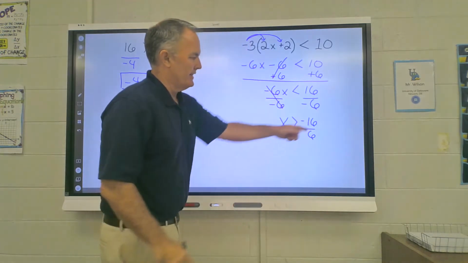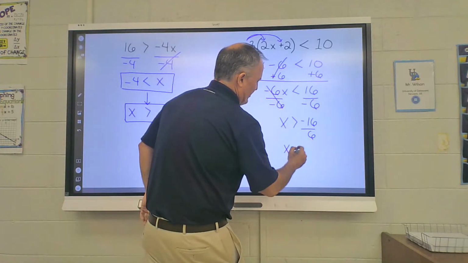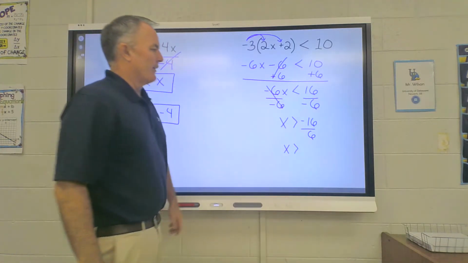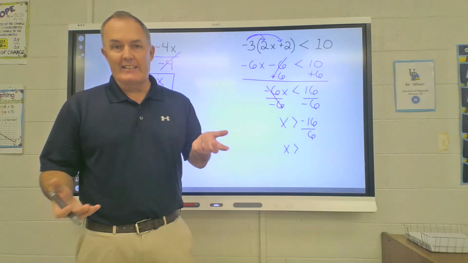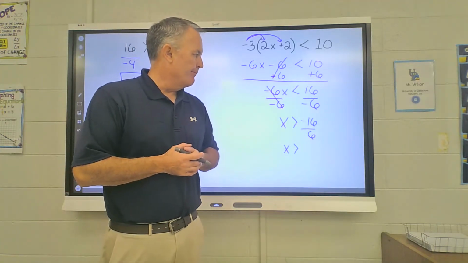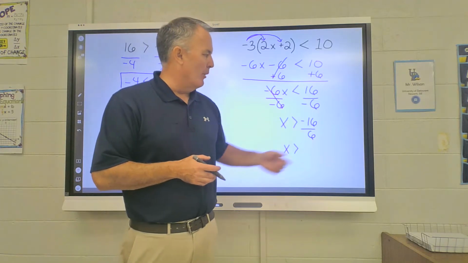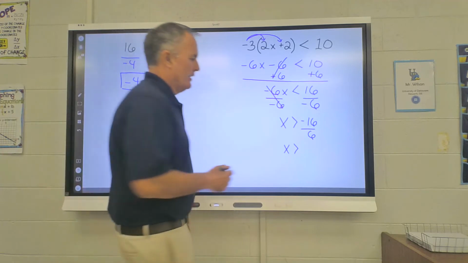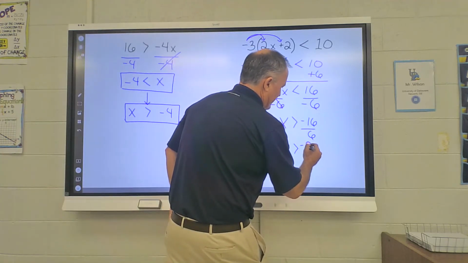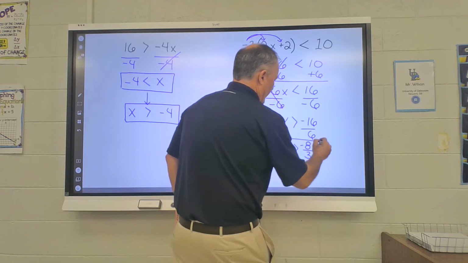But we can reduce this fraction down. Let's change it to x is greater than. The easiest way to do this is if they're both even numbers, try to take half of both. You got to see what number can go evenly into both numbers. The highest number that can go evenly into both numbers is a 2. So we'll change this to -8 over 3. And there's our answer.